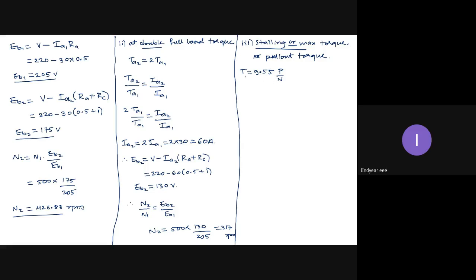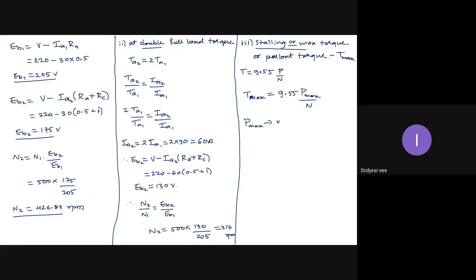If I want maximum torque, I should take maximum power. At whatever condition I need the torque, at that condition I consider the power. So here, the stalling torque, that is Tmax. Tmax is equal to 9.55 Pmax divided by N. Now, what is this Pmax?